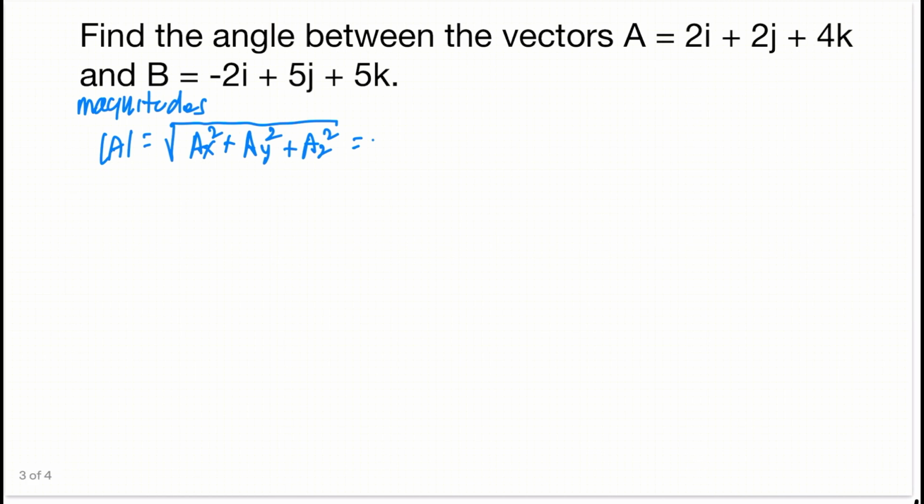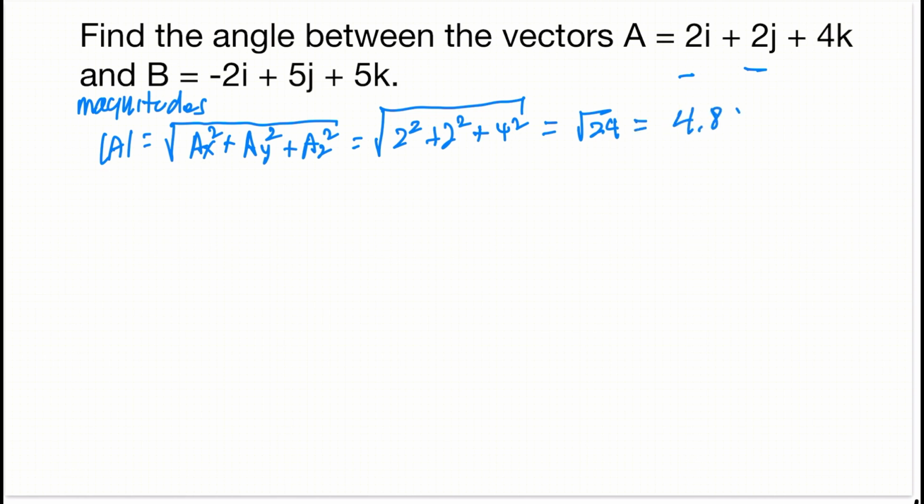In this case, that's 2 squared plus 2 squared plus 4 squared, which is 4 plus 4 plus 16, the square root of 24. We stick that in our calculator, and that's 4.899.